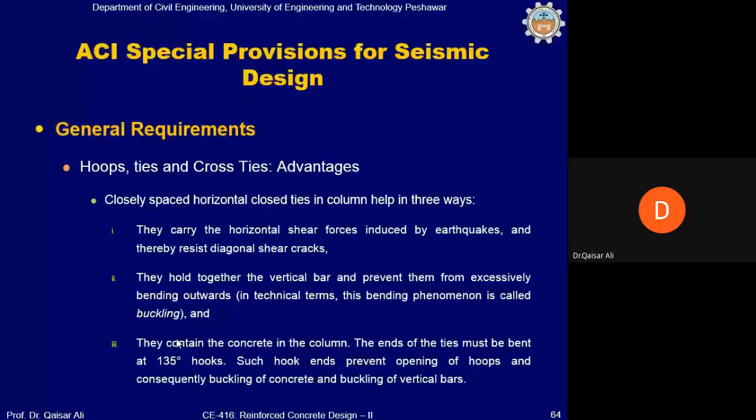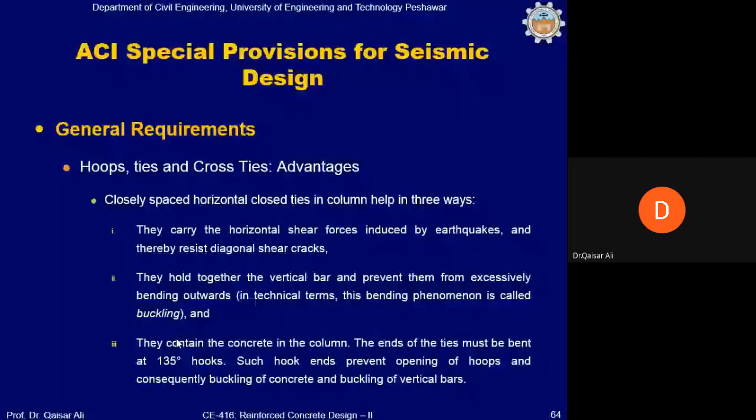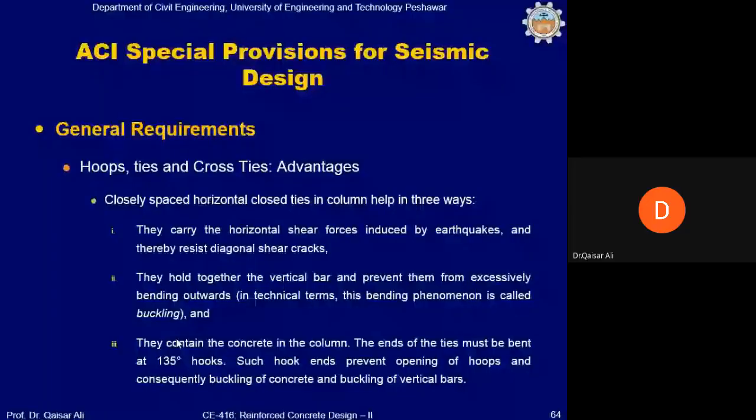So, in order to avoid the buckling of reinforcing bars at this critical final stage, the ties are provided very closely spaced. Ties are provided to prevent buckling of steel bars at this final stage, and to avoid collapse of the column at this stage.